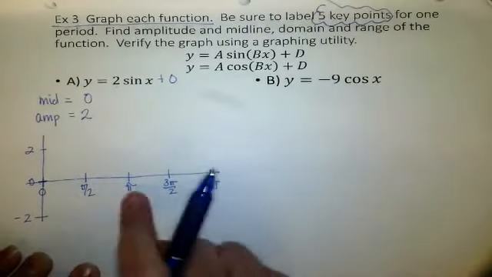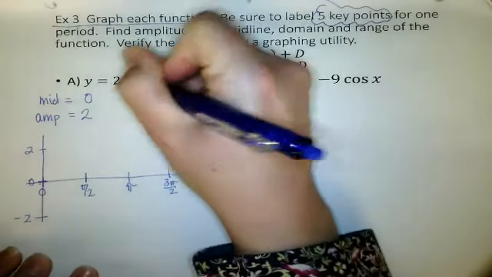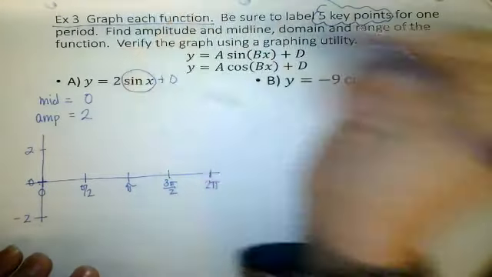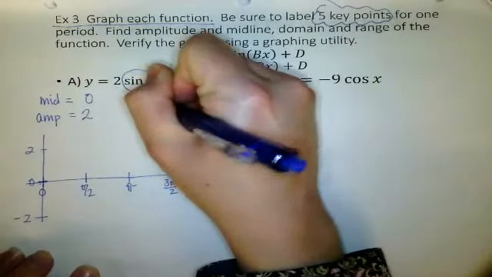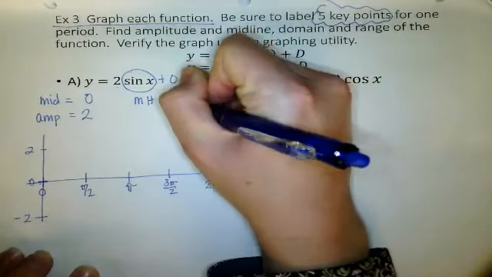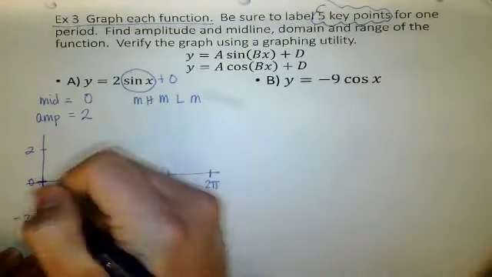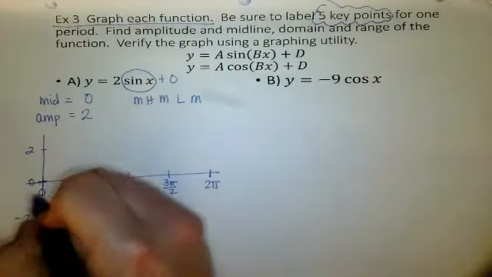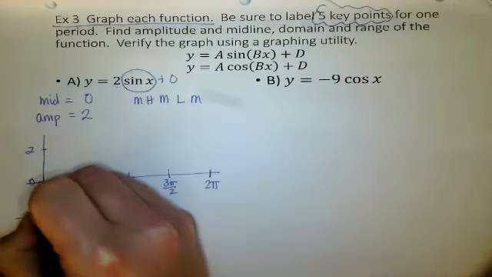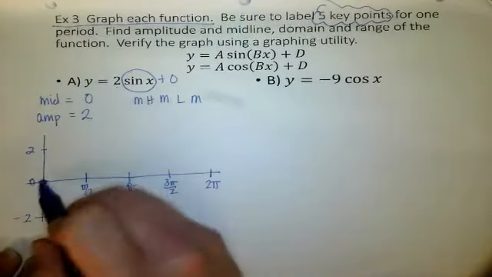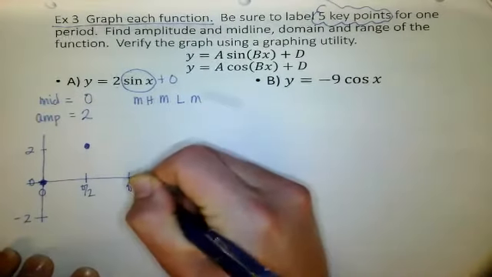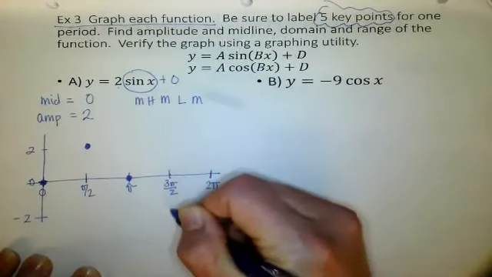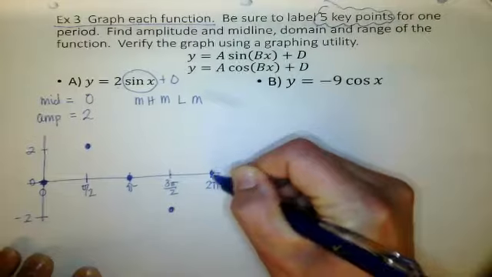These are the 5 key points. All I have to do now is sing my sine song. What is the sine song? Middle, high, middle, low, middle. So on my first point here at 0, we are going to graph middle of the line. Middle, midline, middle, high, middle, low, middle.